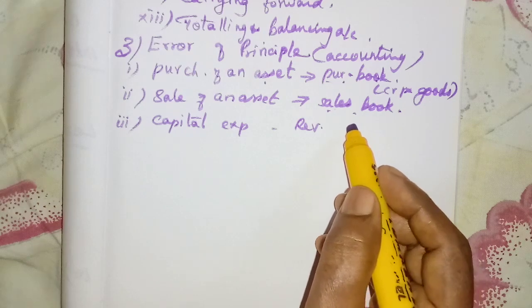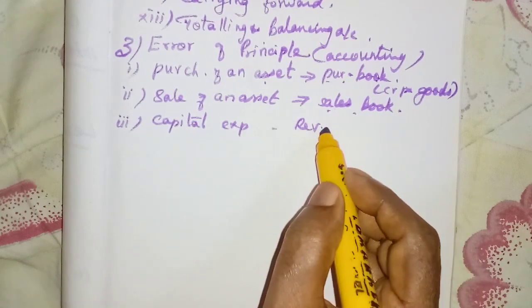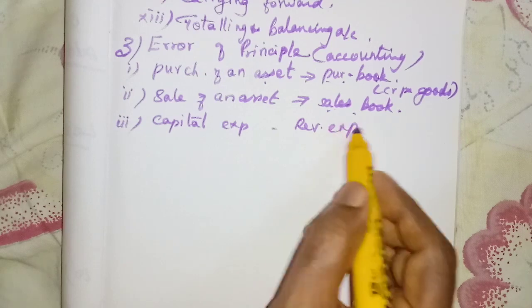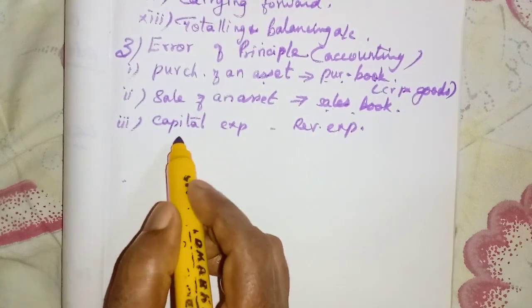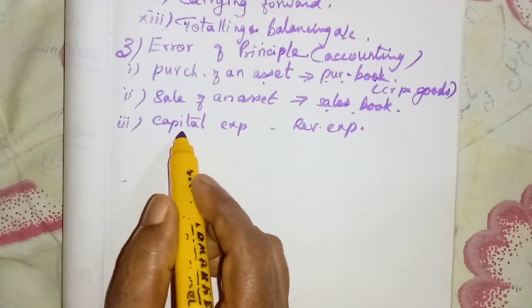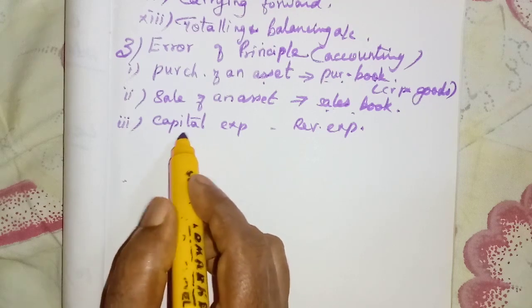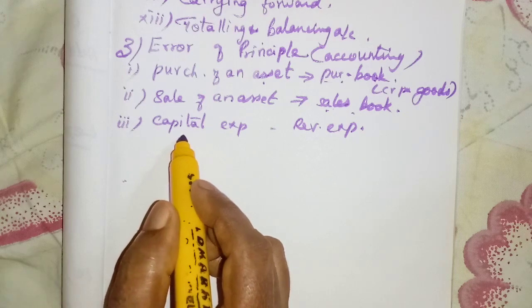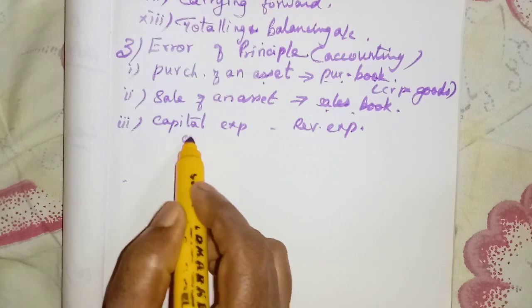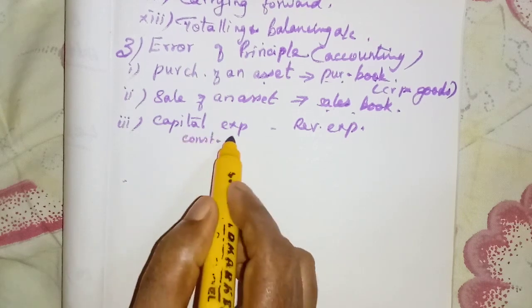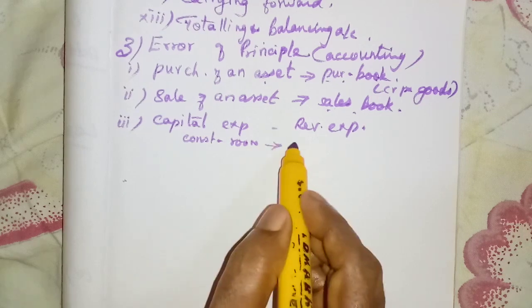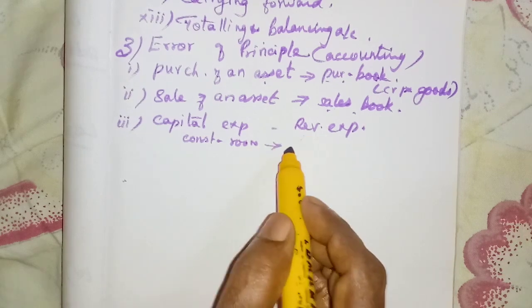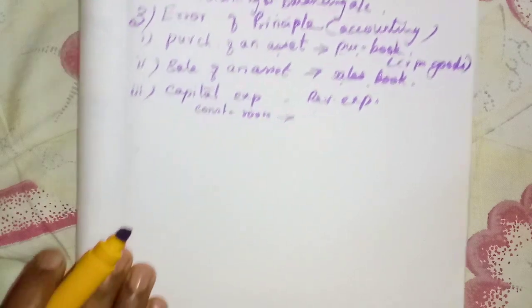So capital expenditure, for example, is when we are spending some amount for the construction of a separate room. Construction of a room is capital expenditure. If we consider this expenditure as revenue expenditure, that is called error of principle.